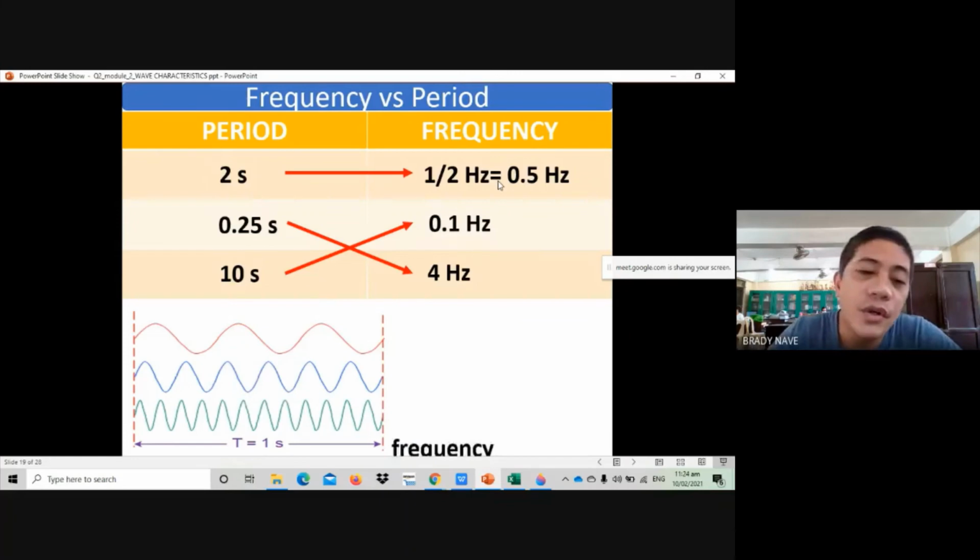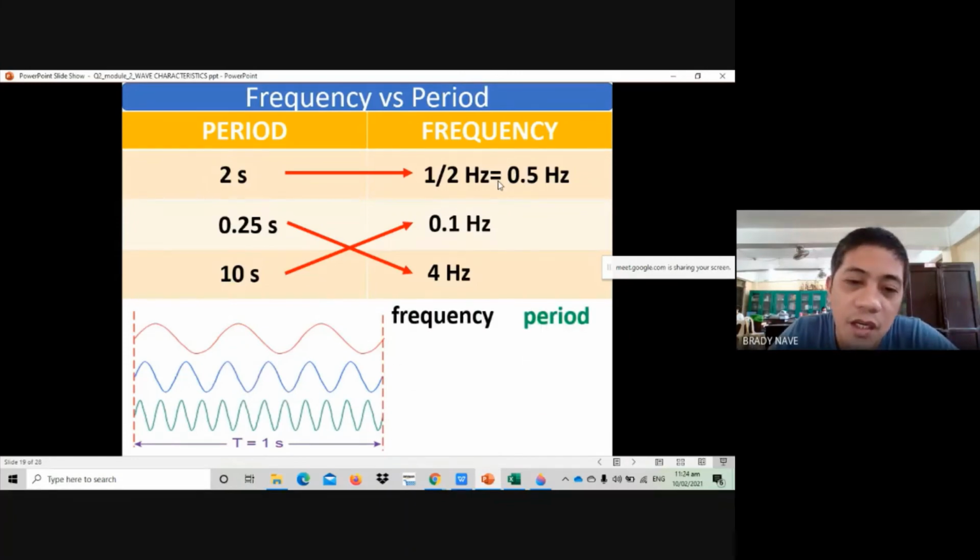Okay. So for our picture here, if we compute for the frequency at the same time, 1 second, the topmost wave has a frequency of 3 hertz followed by 6 and 12.